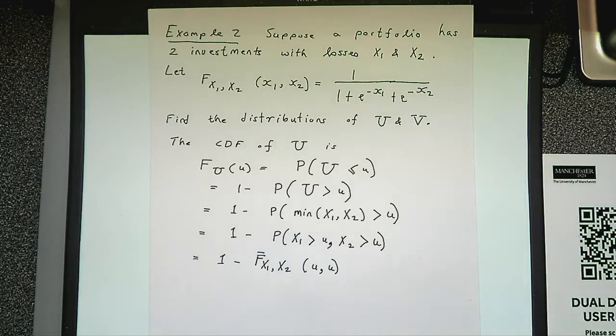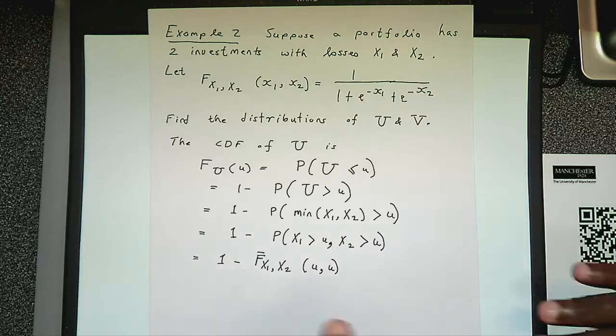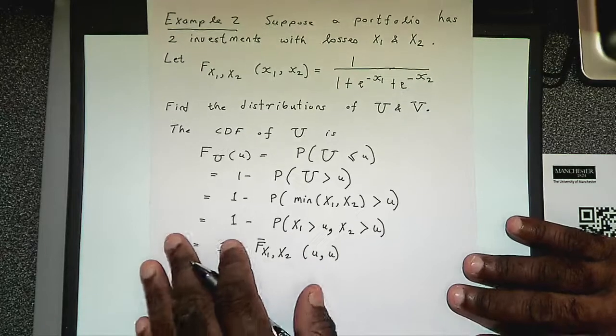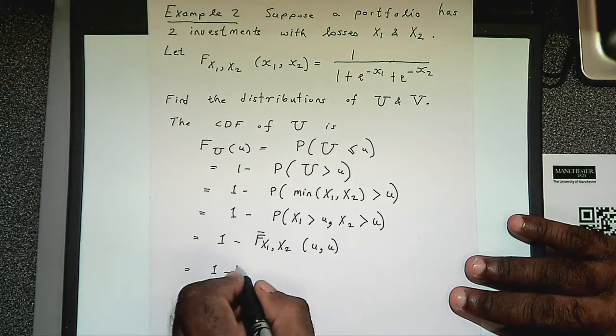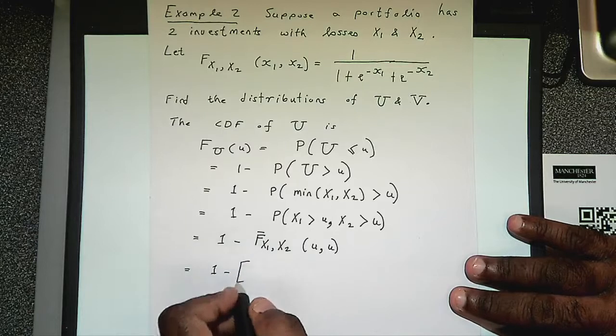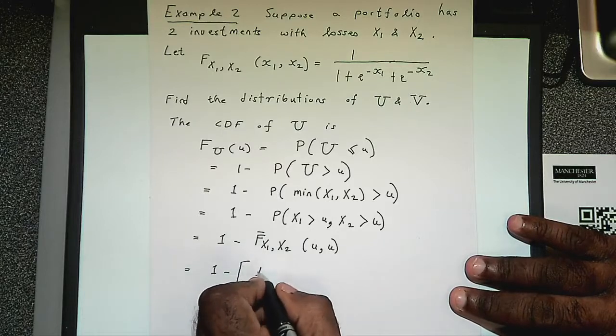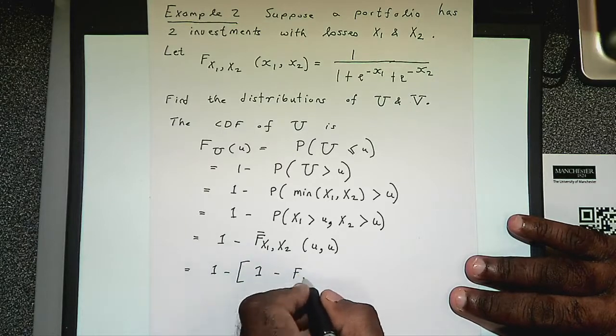Now the question here is the reverse. What you are given in the question is the joint CDF. Now what we need is the joint survival function. So we need to use the reverse relationship which I gave you earlier, the relationship that expresses the joint survival function in terms of the joint CDF.